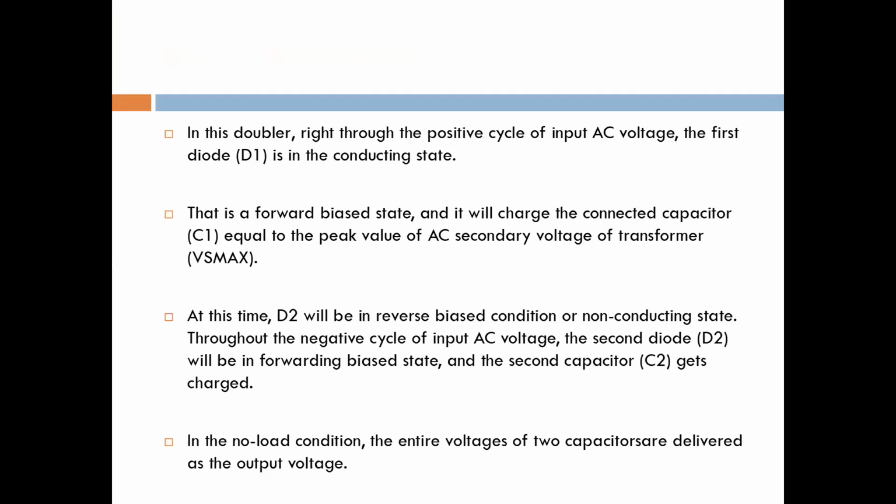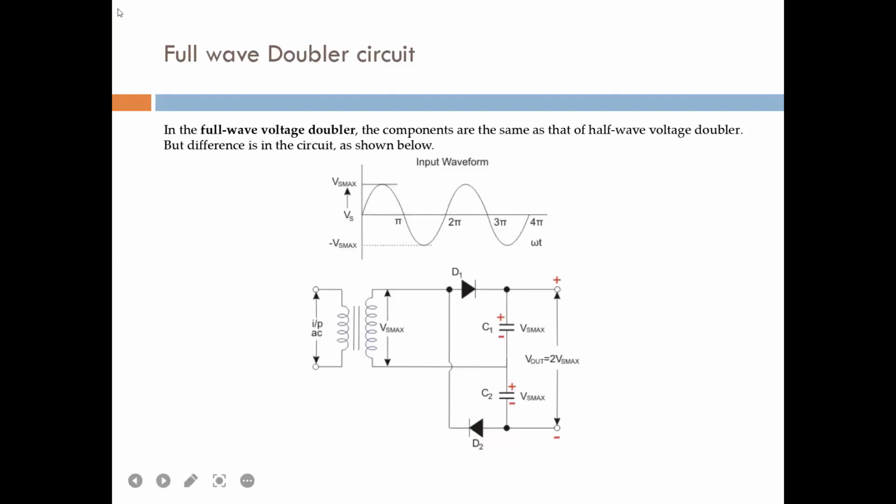Now, what happened in this case? In the positive cycle of the AC voltage, first D1 is in the conducting state. What happened due to this conducting state? C1 is going to be charged fully to Vs maximum voltage. In this case, what happened to D2?